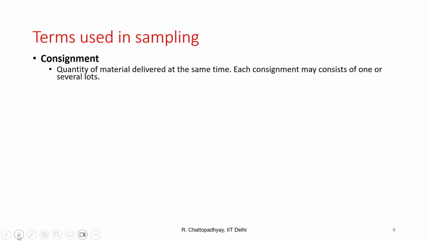A truckload of fabric rolls may come, so that becomes one consignment. Or a truckload of bale cotton may come. That is also a consignment. It may be one truckload or 5 truckloads or 3 truckloads, whatever it is.